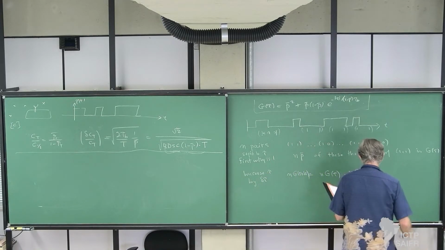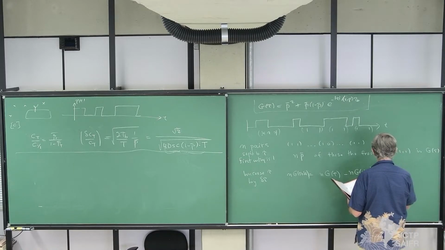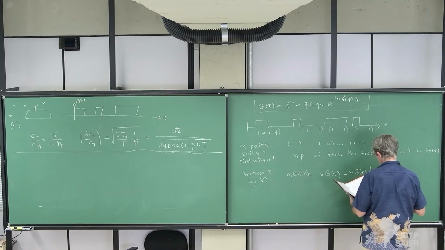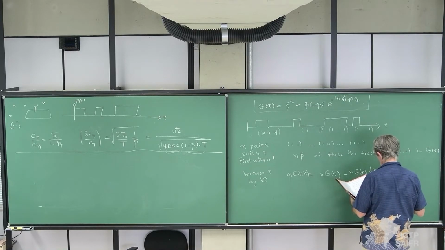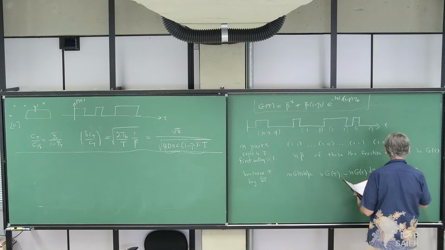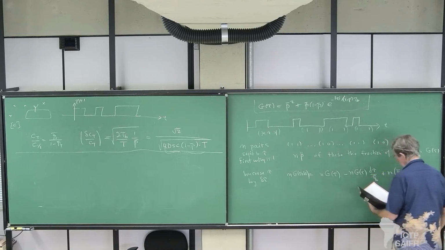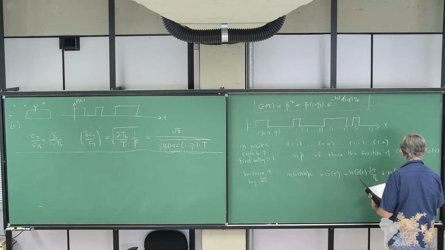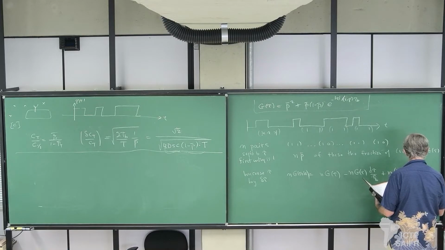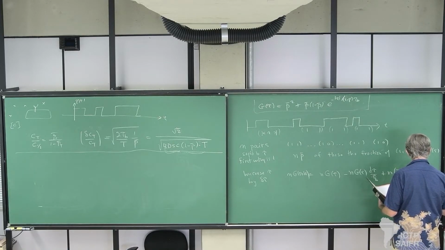If you work that out, you get n times p bar minus g of tau, times p over 1 minus p. This part is a tad tricky. You have to think a little bit to convince yourself. But anyway, there's a term where you lose and there's a term where you gain.